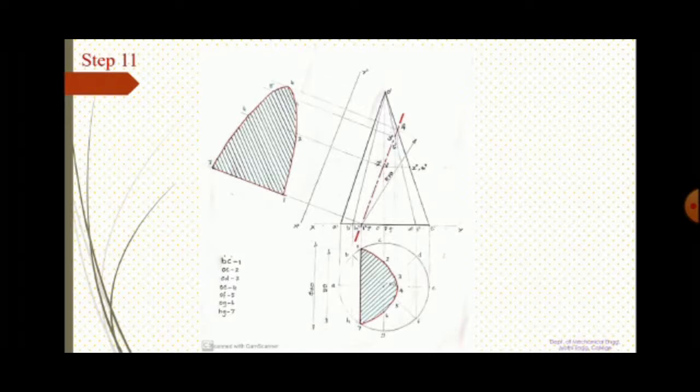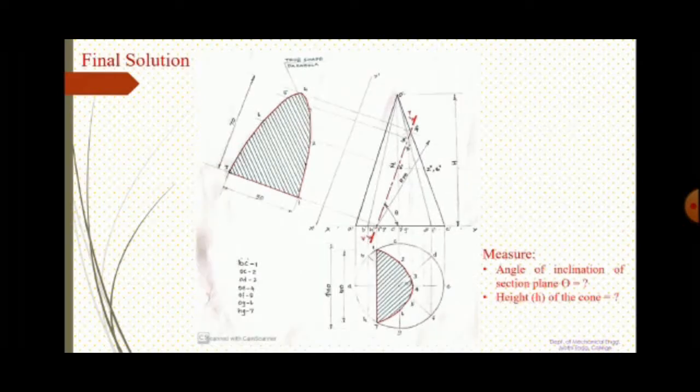For 1, you measure the distance from the point 1 to xy and mark it correspondingly along the projection line of 1 from x1, y1. Similarly 2, 3, 4, 5, 6, 7. And once you join, you will get a figure as shown. And this is the final solution of the problem.